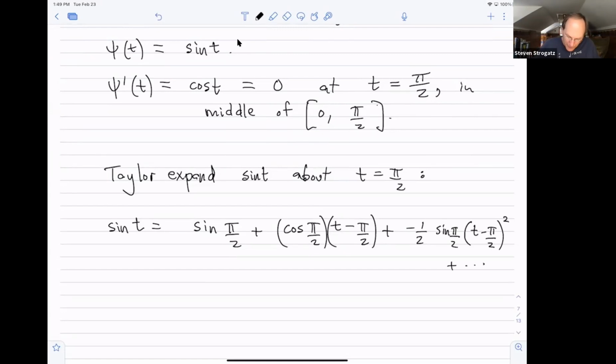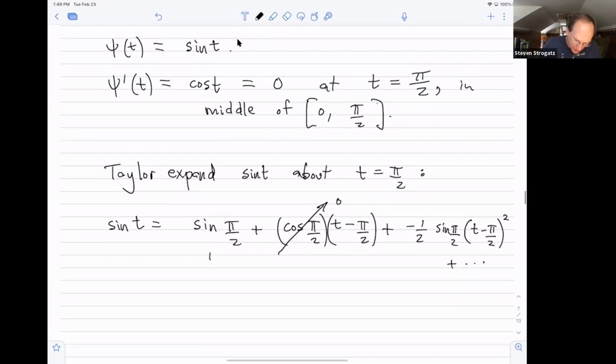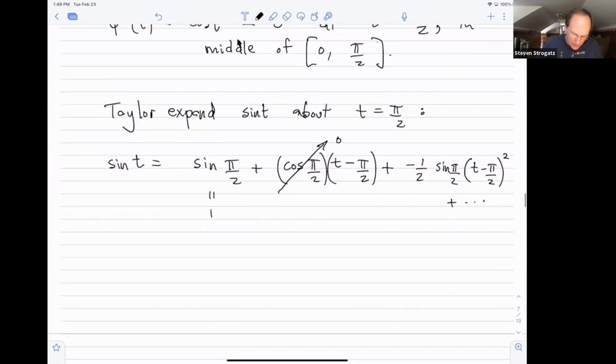So when we simplify this, of course, cosine at pi over 2 is 0. We're not surprised, that's the point of stationary phase. Sine of pi over 2 is 1. And so this becomes 1 minus 1/2 t minus pi over 2 squared plus, I'll ignore the cubic terms, I don't need them.